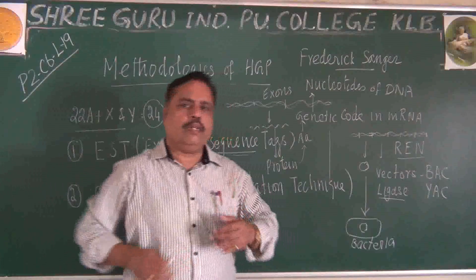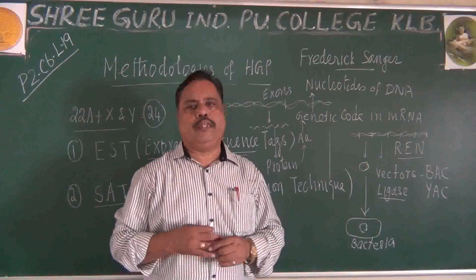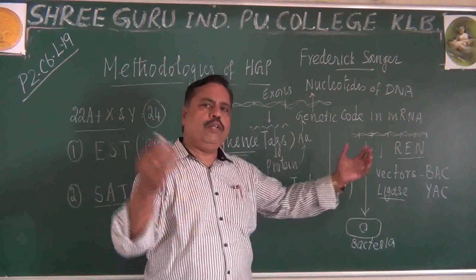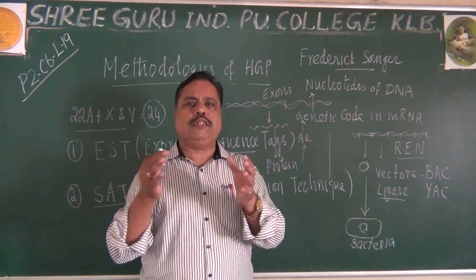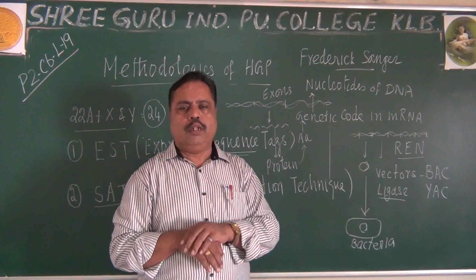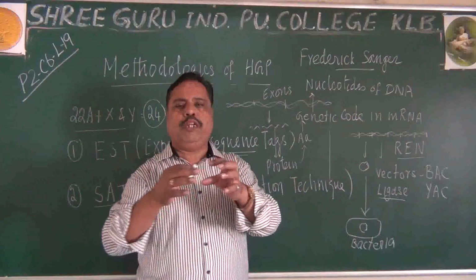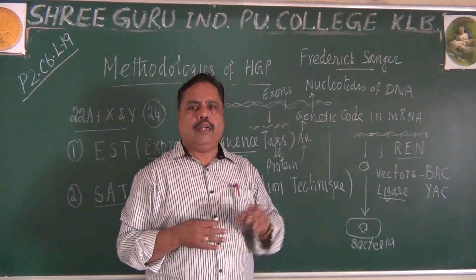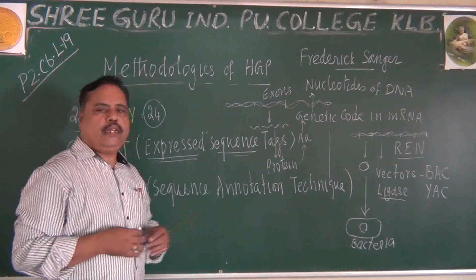The same technique, the Sanger method, was used for deciphering the nucleotide sequence also. So that is where we are applying some computer knowledge, for data collection and everything. So 3 into 10 to the power 9 base pairs could be easily deciphered by means of this idea. Now this is called the sequence annotation technique.